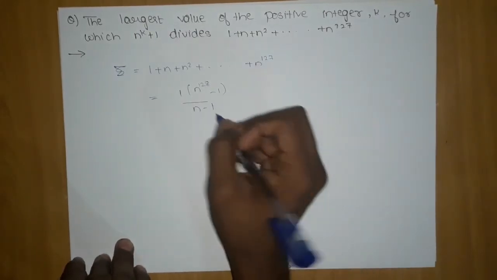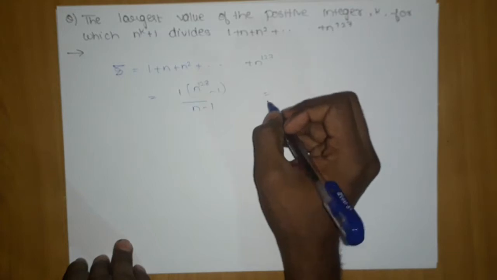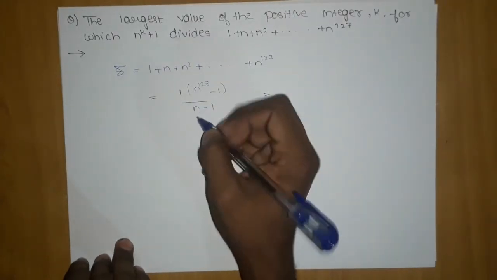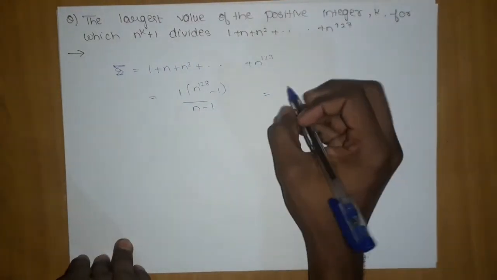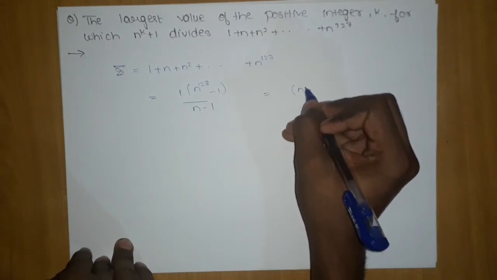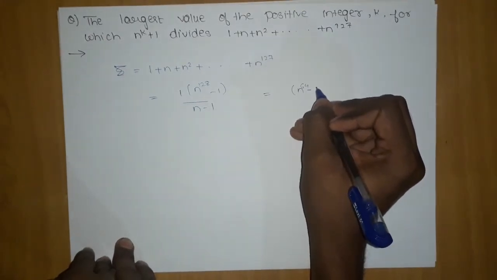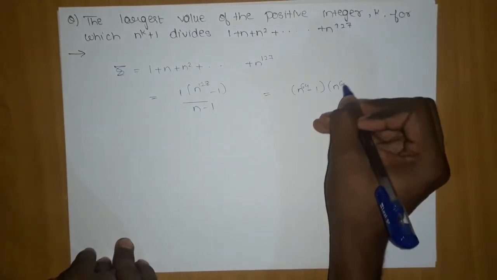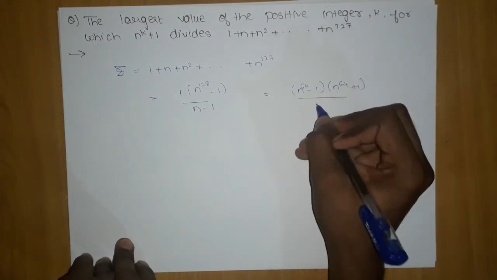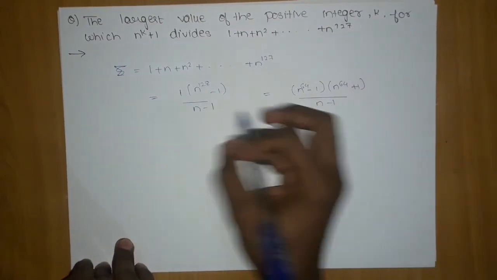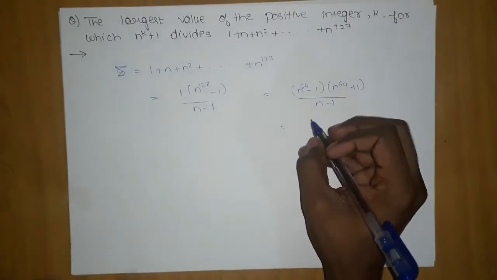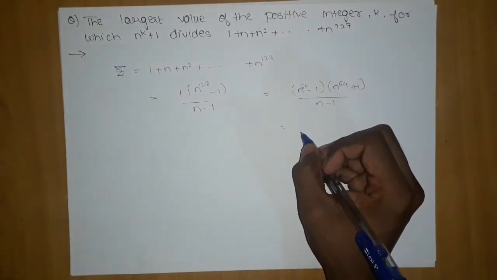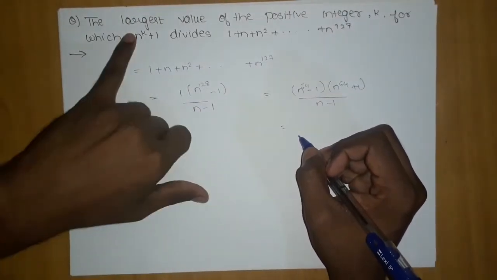After this, if I break it further, it has n power 64 minus 1 into n power 64 plus 1 upon n minus 1, and it is being divided by n plus 1.